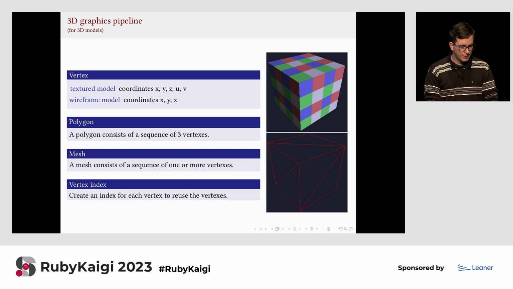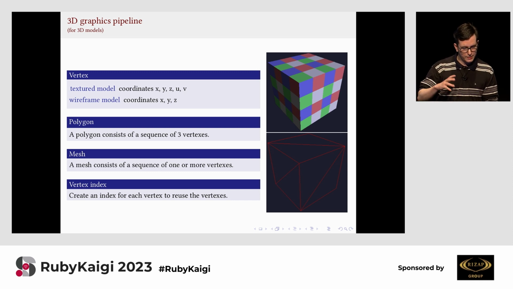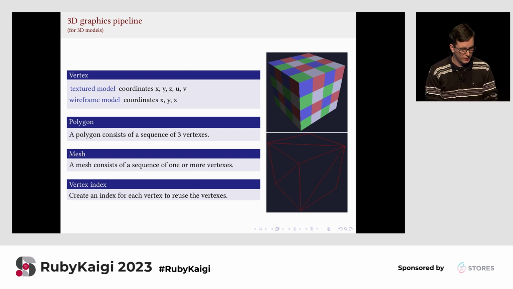A vertex is a point in 3D space, but it also has a UV that is for texture. As I said, you use a texture to give colors. So we have an image that maps to a 3D object, and this UV is how you map it. If you don't need any texture, you can just draw wireframes, and you don't need the UV coordinates, just the spatial coordinates.